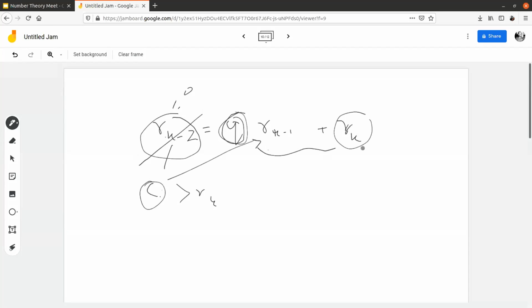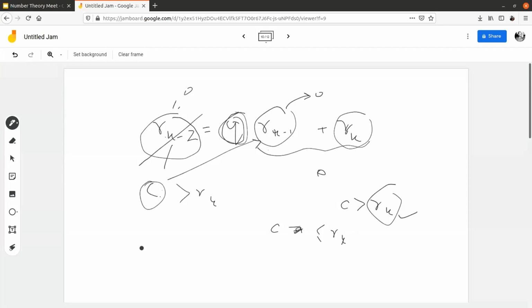So this side also I must have a 0. However, this gives me 0 by default because I am saying c divides both of them. That is my argument. But now c cannot divide rk, because c is greater than rk, and any number that is greater than a certain number cannot divide that number itself.